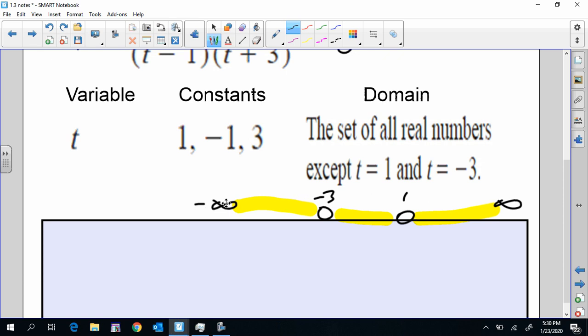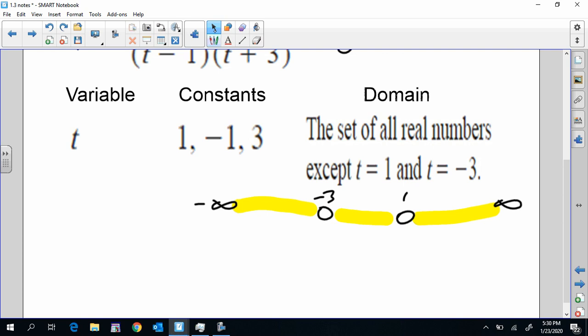You can never put a bracket on an infinity. You shouldn't bracket -3 because you're not allowed to use it. You shouldn't put a bracket on 1 because you're not allowed to use it. So how would we write this in interval notation? Pretty straightforward. The commas are the shading. -infinity is the start of an interval.